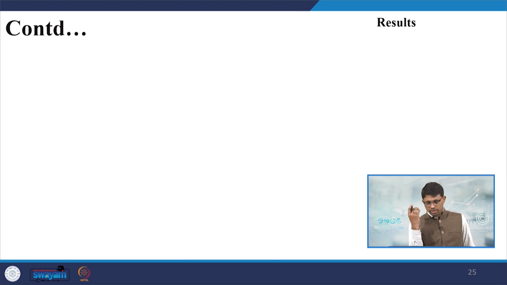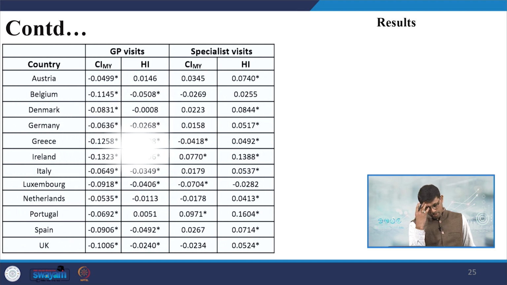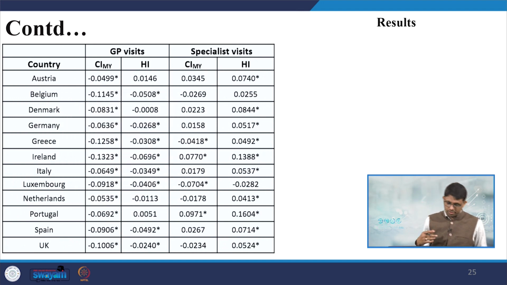Here we say general practitioner, the GP visits, and the specialist visits. It is observed that so far as horizontal inequity is concerned, the figures are mostly negative, and most of them are significant at the 5% level.